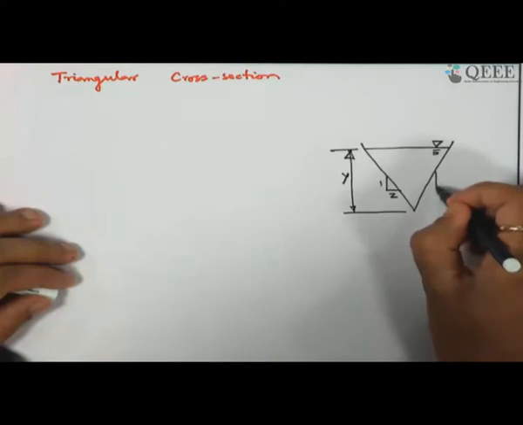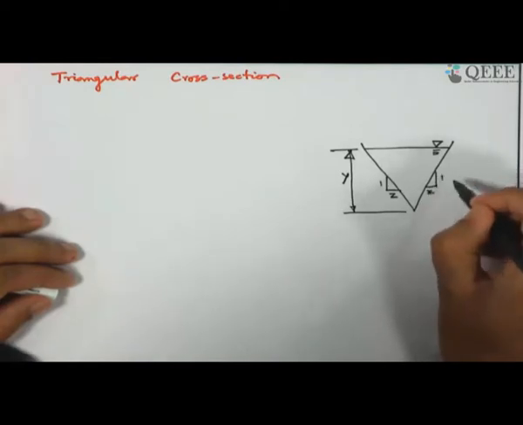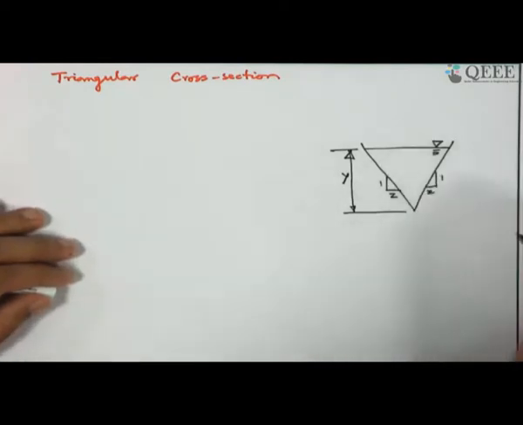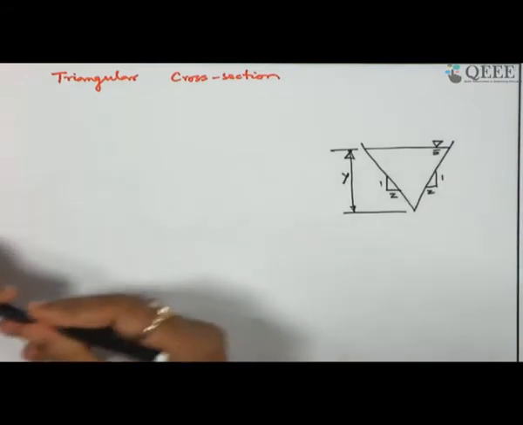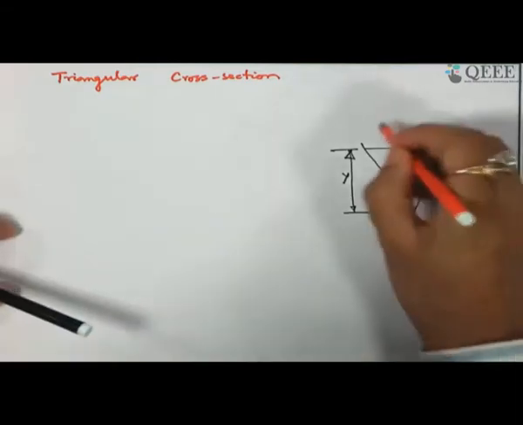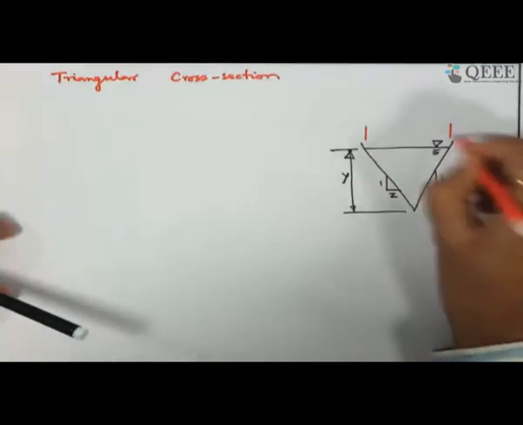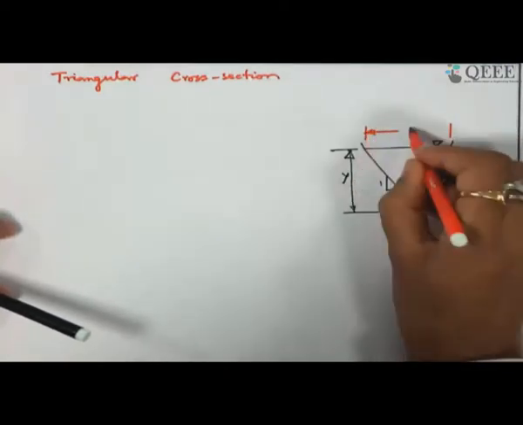One is to z, the slope of these sides, and we can define this top width as T.